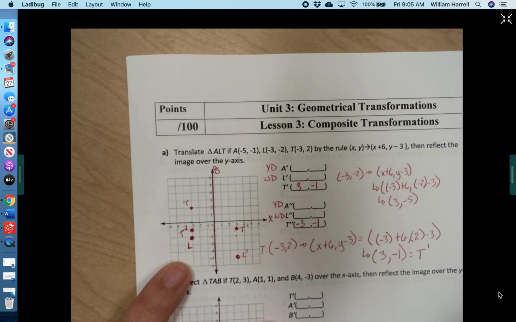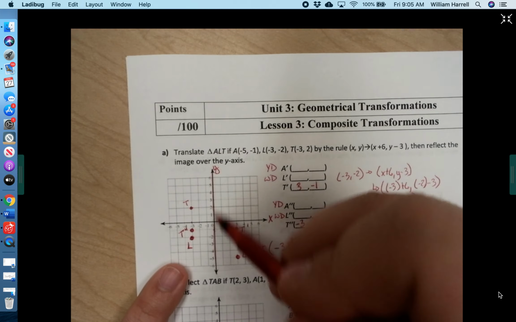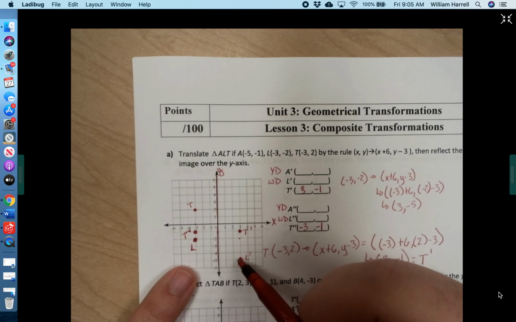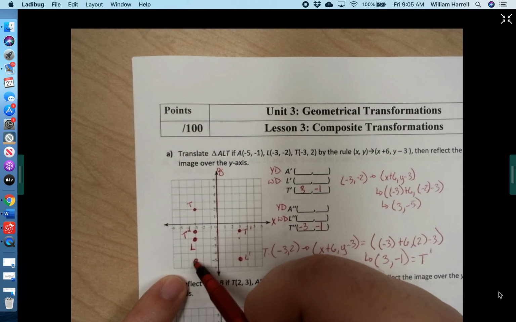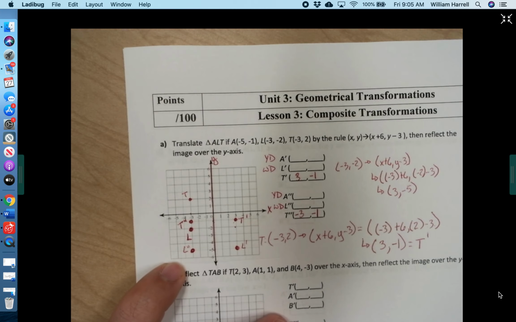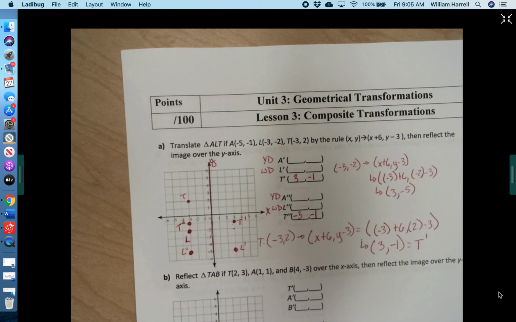Then we perform our last transformation. Again, reflect over y-axis. So again, I'm 3 to the right, I go 3 to the left. And then now y'all find the end point, or the double image, A.